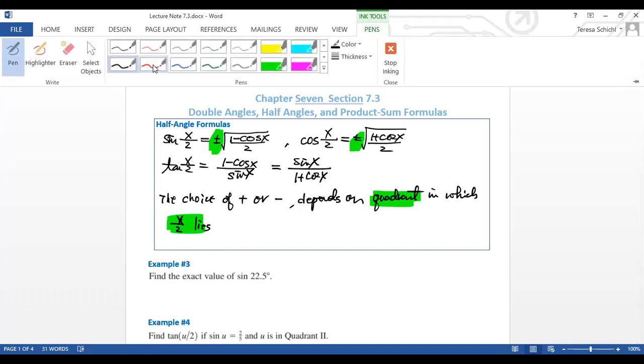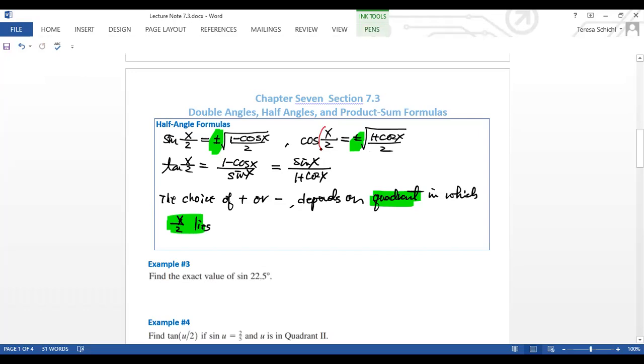So let's write a side note here. If this angle is in quadrant 1 and 4, then you take the positive sign. The same here for this one: if it's in quadrant 1 and quadrant 2, then you take the positive sign, because sine is positive.